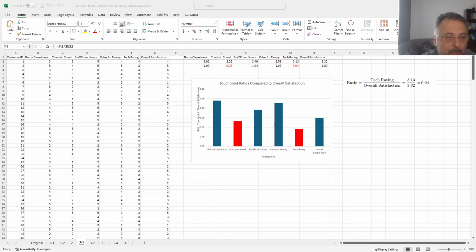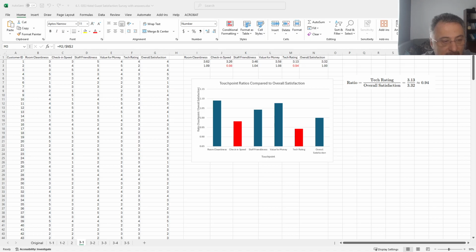Because this approach benchmarks touch points against the overall customer experience, which helps identify which areas are lagging and which are excelling. If it's below 1.0 and red, that falls short of contributing equal to overall satisfaction.